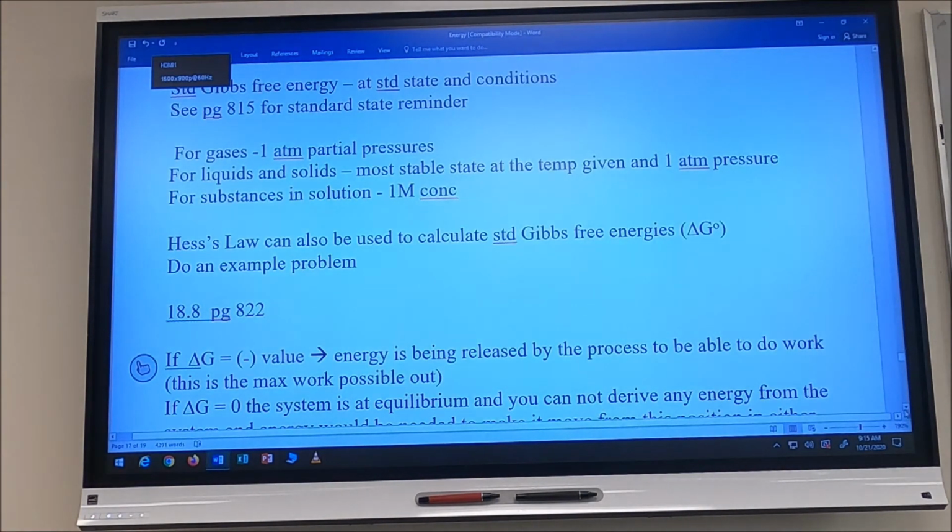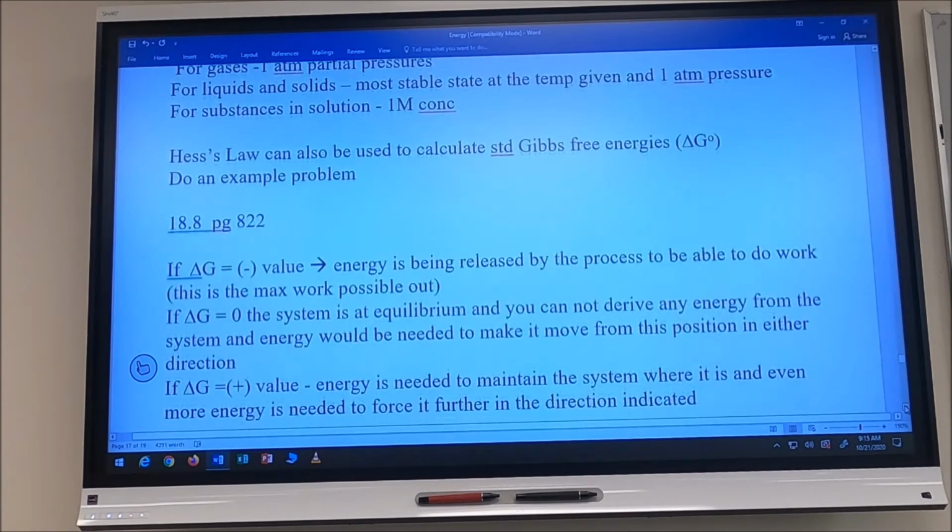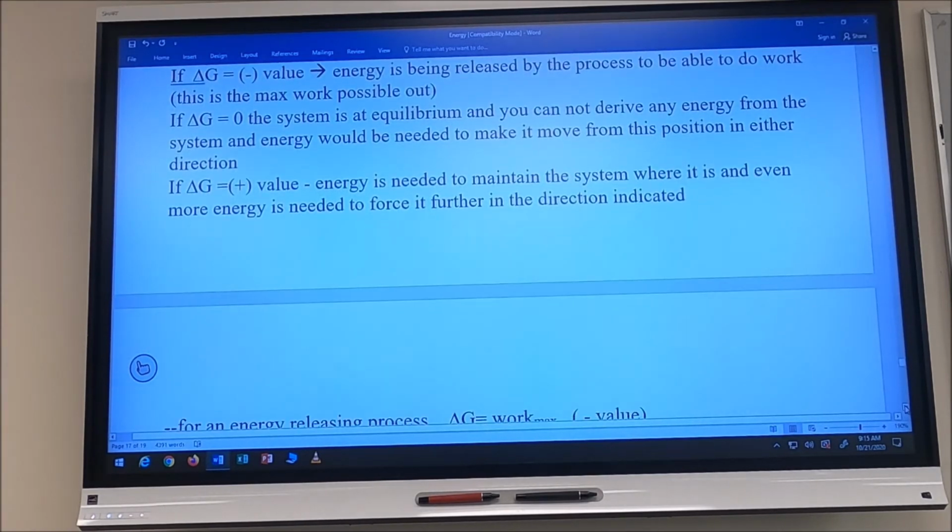Okay. Now, if delta G is negative, energy is being released by the process to be able to do useful work. And the magnitude of delta G tells you the maximum possible work to get out. Now, we never get the maximum, but that's the maximum possible.